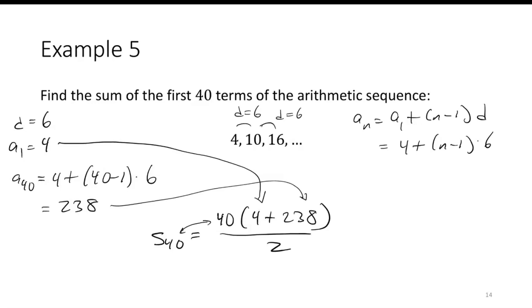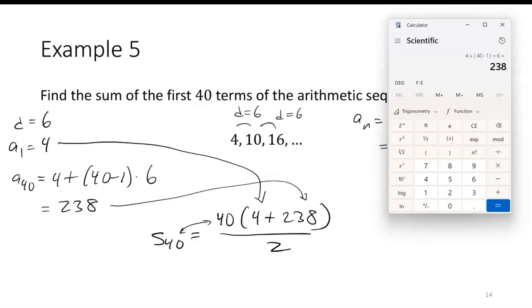So this is essentially 40 times, in parentheses, 4 plus 238, and then divide by 2, and we get 4,840.